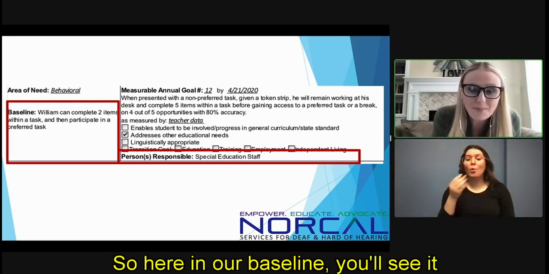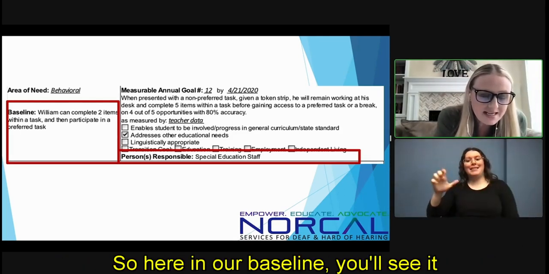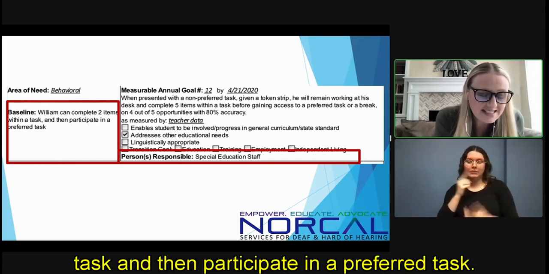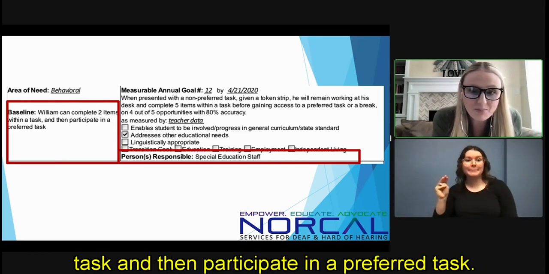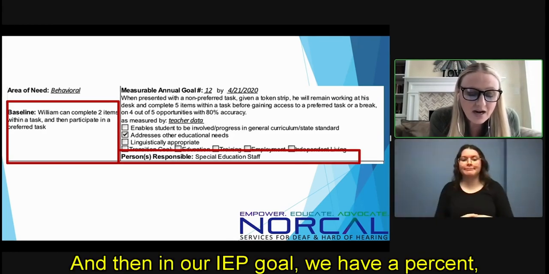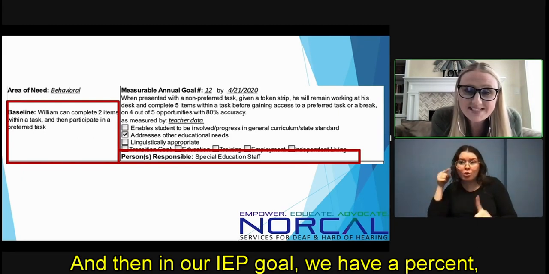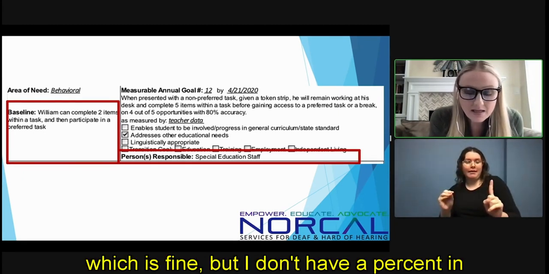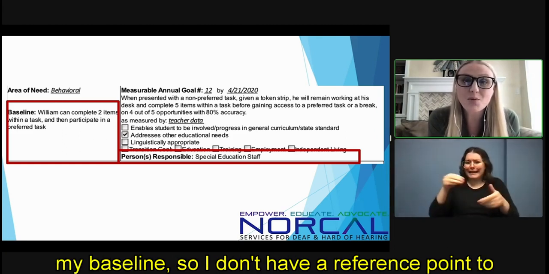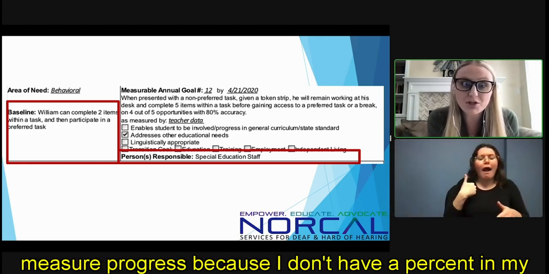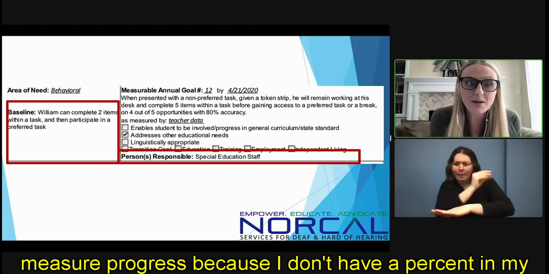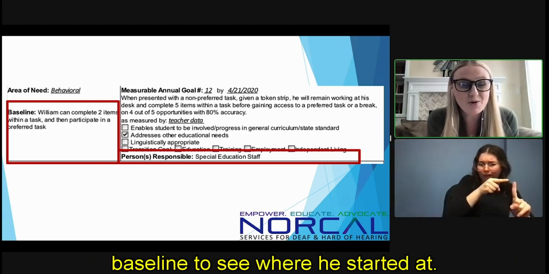So here in our baseline, you'll see it says William can complete 2 items within a task and then participate in a preferred task. And then in our IEP goal, we have a percent, which is fine. But I don't have a percent in my baseline, so I don't have a reference point to measure progress because I don't have a percent in my baseline to see where he started.